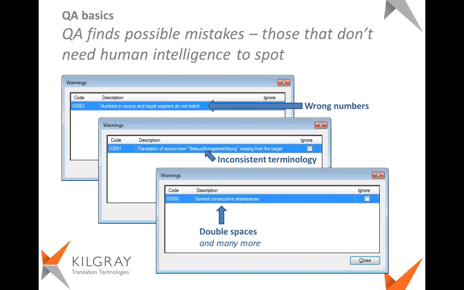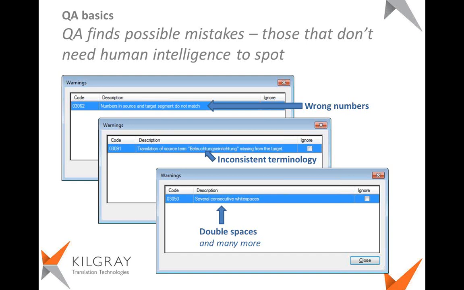And these checks are really, really simple. There are signs of possible mistakes that are exhibited by numbers, specific sequences of letters or other characters, like wrong numbers, inconsistent terminology, double spaces, and the like. So what a QA tool is good for is to spot possible mistakes that don't require human intelligence to spot. Incorporating human intelligence into this process is still a hard nut to crack.